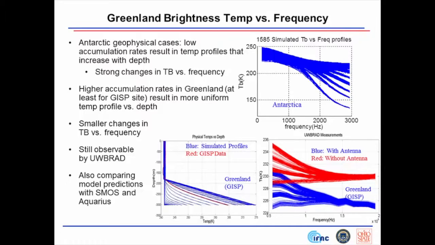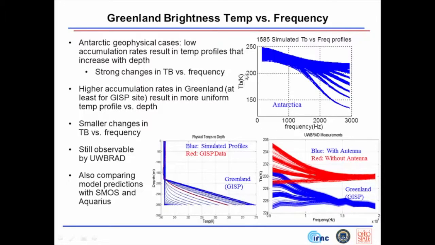One thing I should point out is that we're going to have experiments both in Antarctica from the Dome C tower as well as over Greenland. It turns out those two are very different for this application. In Antarctica, the low accumulation rate results in much more rapid increases in temperature as you go down in depth, which for us results in the main thing we're going to be measuring here, the brightness temperature versus frequency.